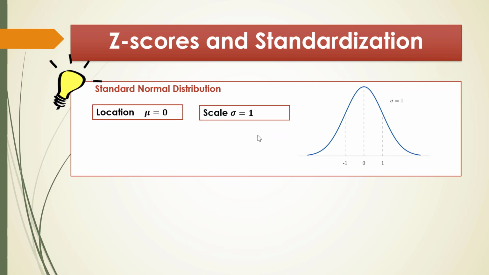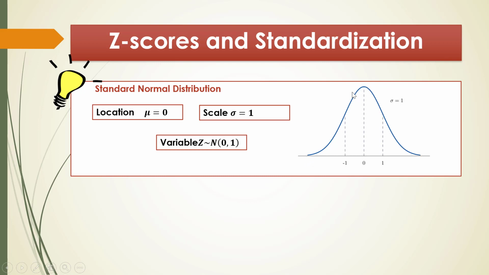Suppose a variable z is said to follow the standard normal distribution. That means z follows a normal with mu 0 and sigma 1. So this is a special case of the normal distribution.